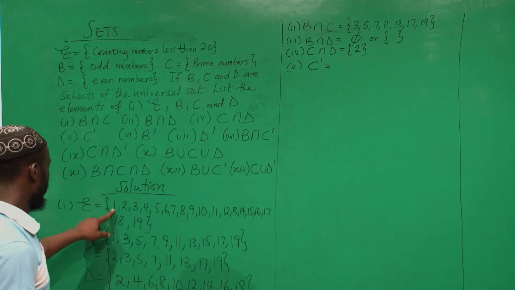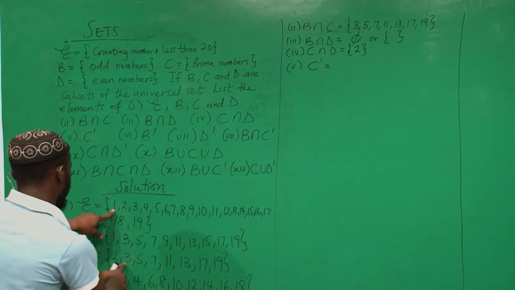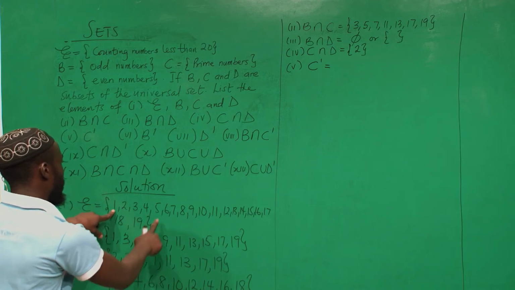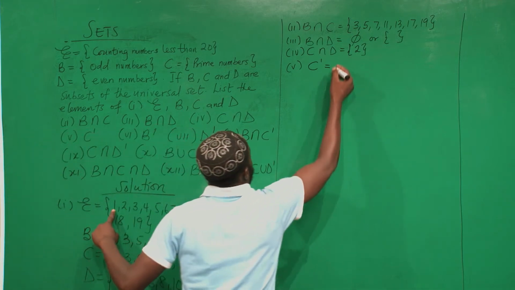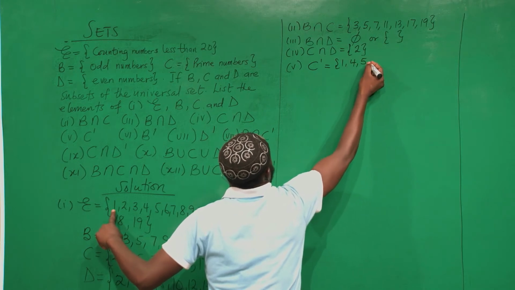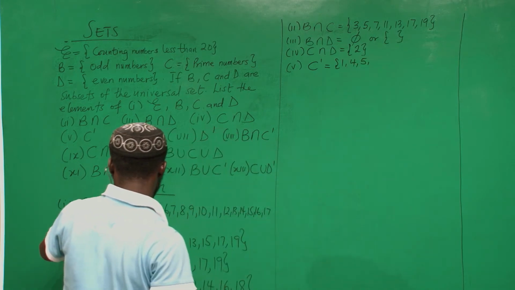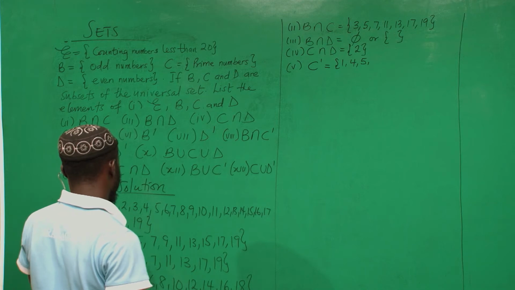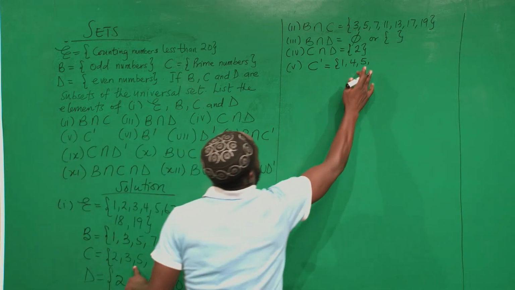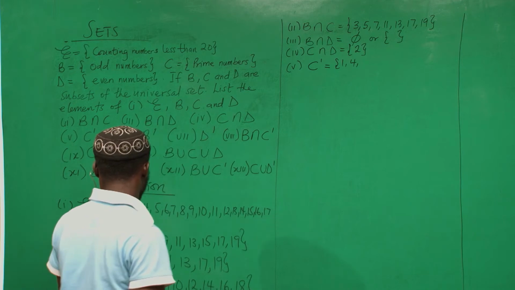So we have 1, then 4, then 5. Let's start listing them. We have 1, 4, 5. Oh, see, there is 5 there. So 5 is not part.